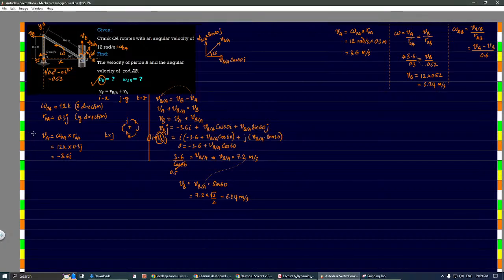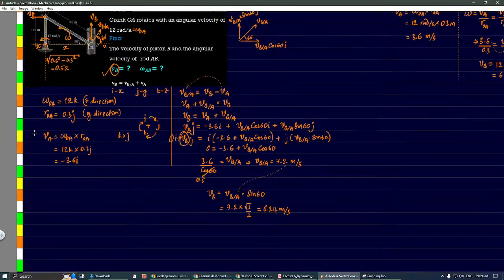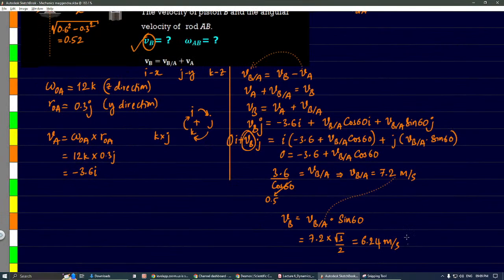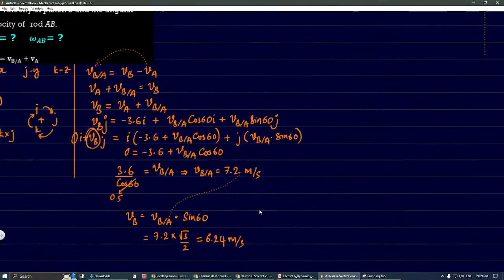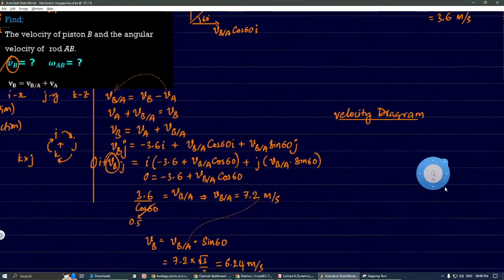Yes. In India here we teach the graphical method. By graphical method we mean we usually draw the velocity diagram. Not like a free body diagram, we call it a velocity diagram. What we do is we draw velocity of A, and its length is proportional to the value of velocity.